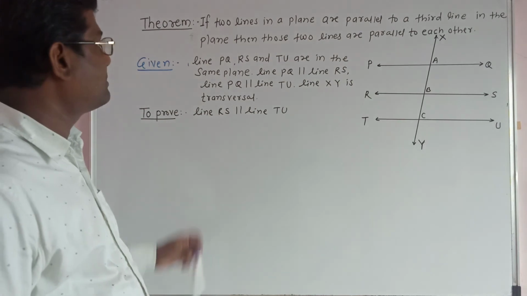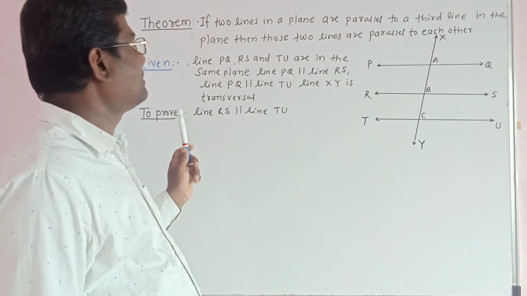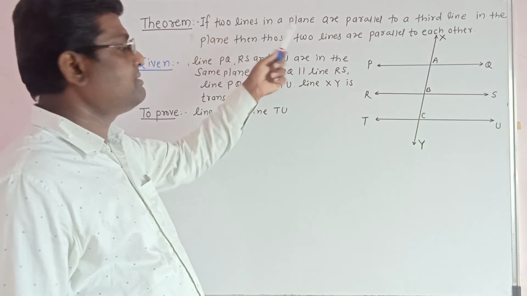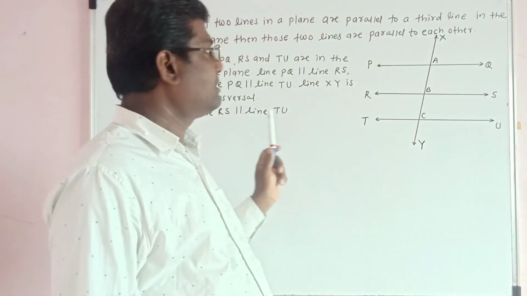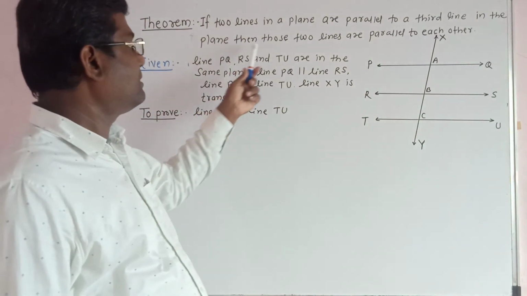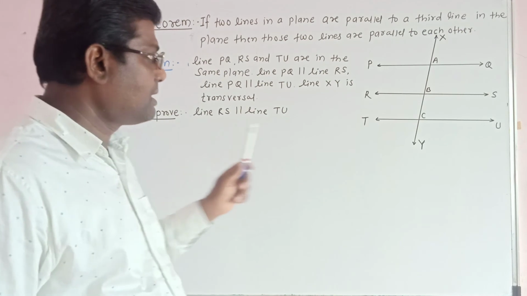Next theorem is, if two lines in a plane are parallel to a third line in the plane, then those two lines are parallel to each other.